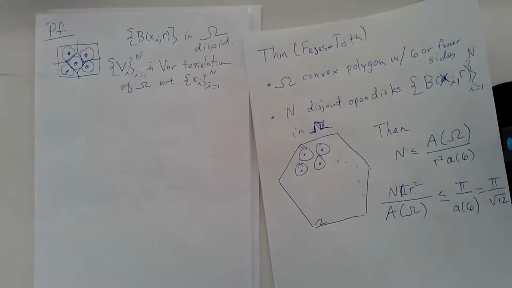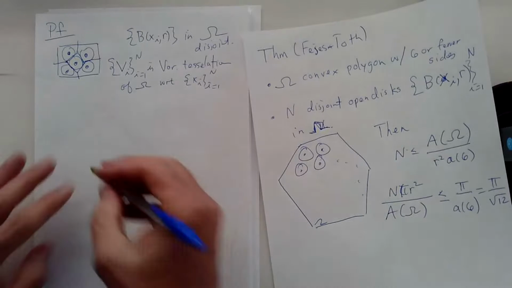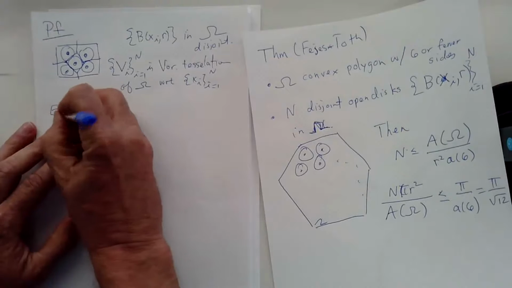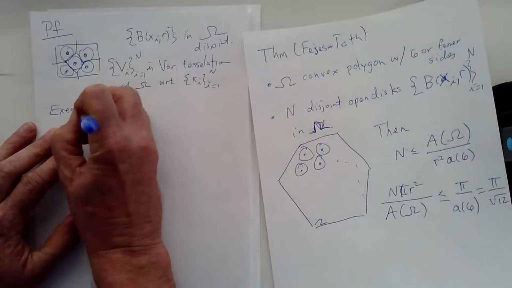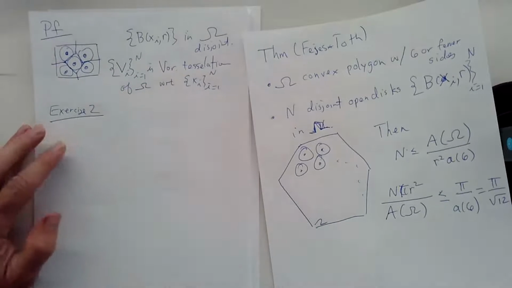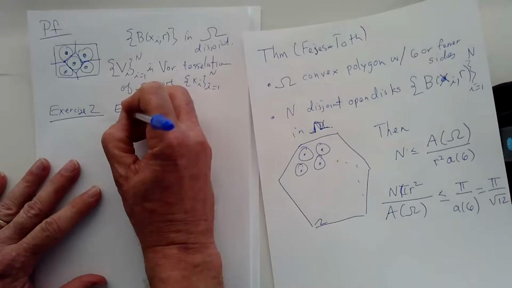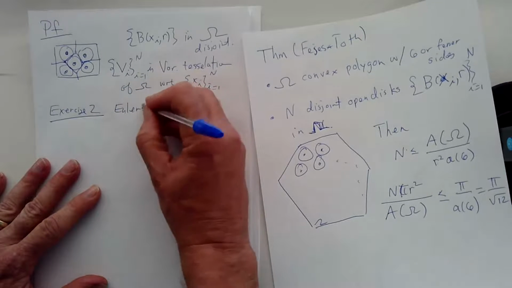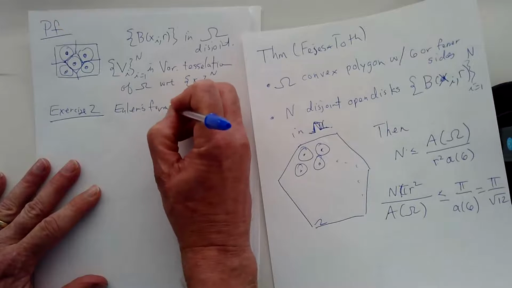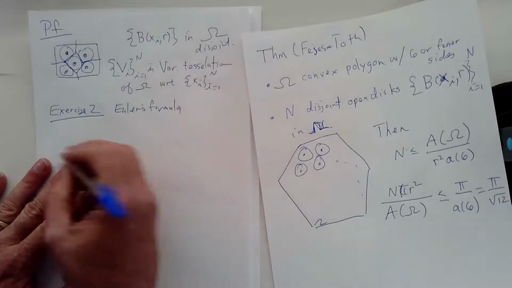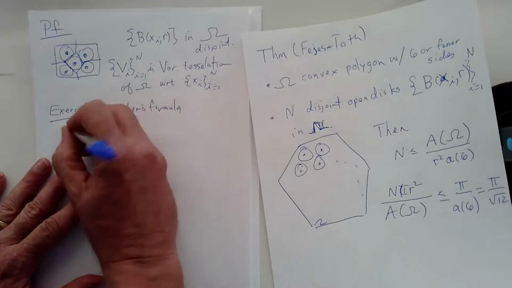The one thing I'm going to skip is exercise 2. Exercise 2 is Euler's formula for planar graphs.